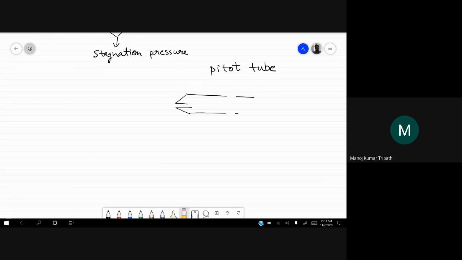So this is a tube. You can imagine that this is a tube. This is a conical section at the front, and there is a central hole in this tube, and there are holes on the periphery. Okay, these are holes on the entire circumference here. And then you have two chambers here.